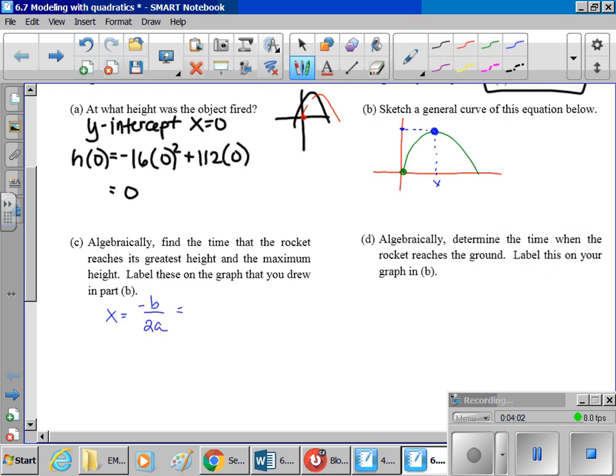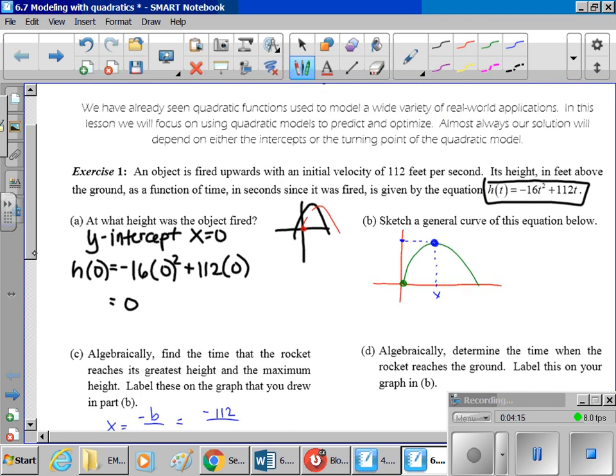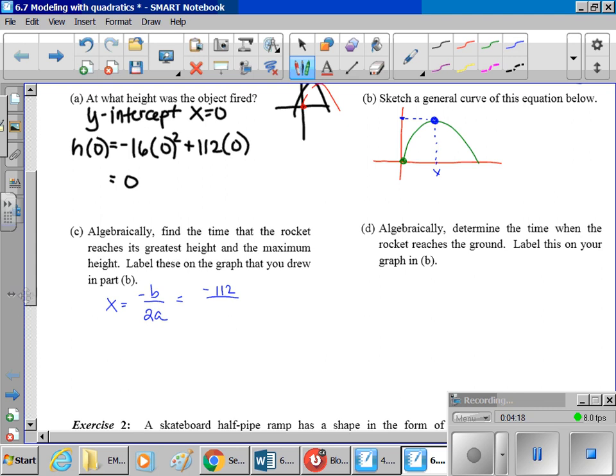So the opposite of b is negative 112, over 2 times negative 16. Put that into your calculator and you get 3.5 seconds. So that's my x. Now that doesn't give me my greatest height. It's just giving me the 3.5.